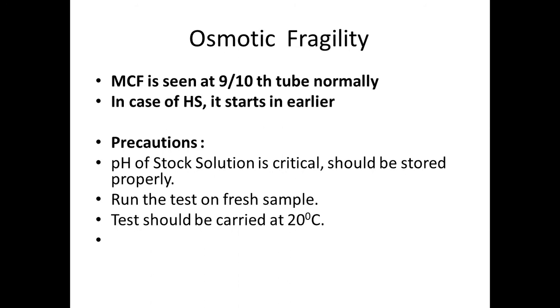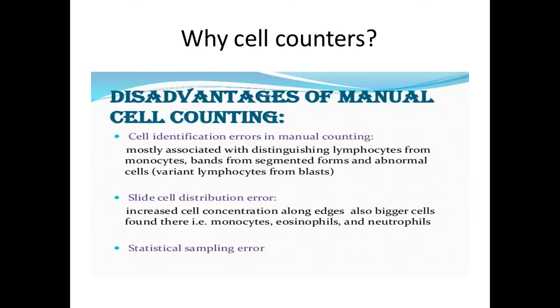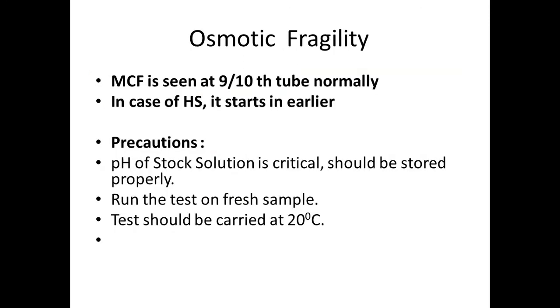That is how we identify hereditary spherocytosis. Precautions should be taken that the pH of the stock solution should be proper. Always a fresh sample has to be run, and the test should be carried out at 20 degrees centigrade. So these are the precautions which we should take while performing the osmotic fragility test.